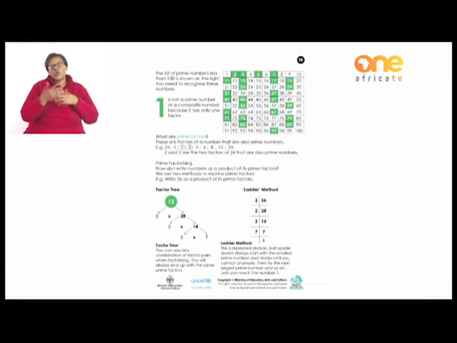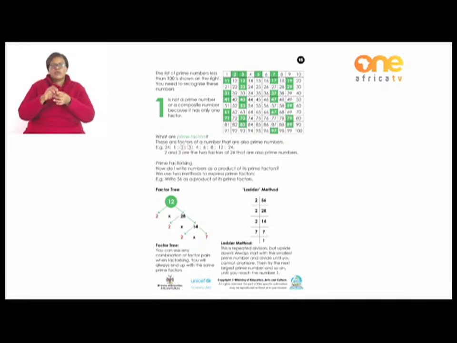There is number 56. To explain it in detail, or to read there at the bottom, you can use any combination of factor pairs. When factorizing, you always end up with the same prime factors.